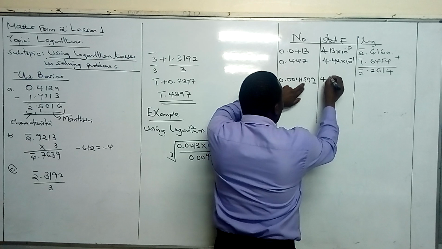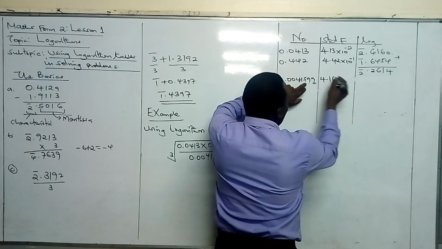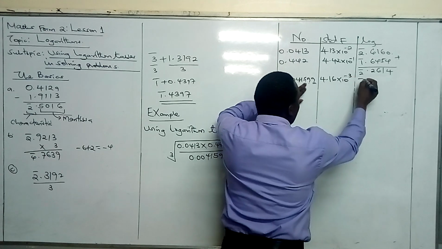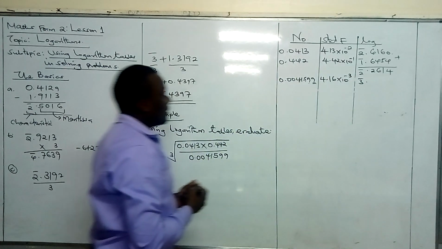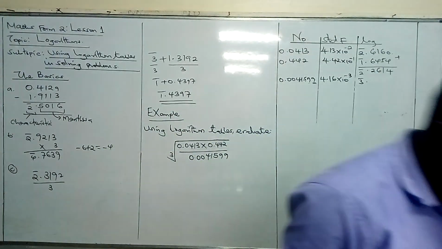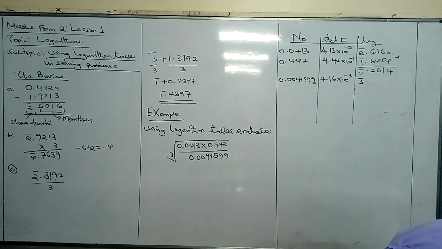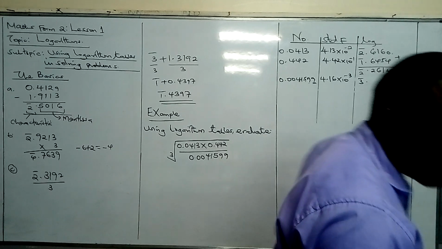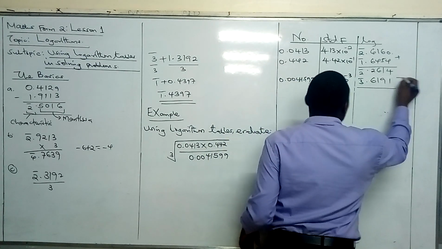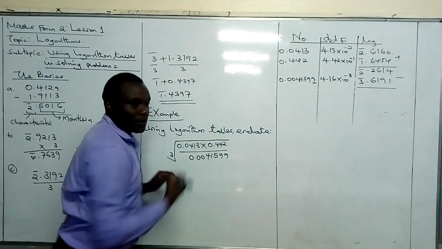That's 4.16. The rest will be 0, times 10 raised power minus 3. So we look for 6.1 under column 6, which is 6191. We now subtract because this is division.